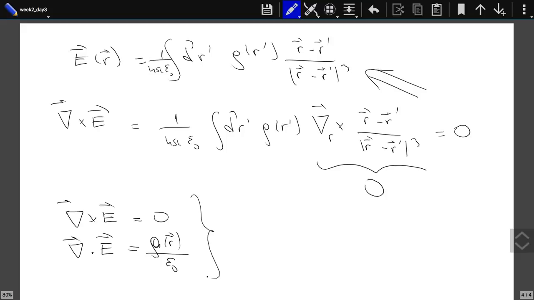Next week we will see that we don't even need to know the value of the electric field, but we will define the electrostatic potential, and we need to know the value of the electrostatic potential on the boundary. If we know that, then we can determine the potential, and from the potential we can determine the electric field.